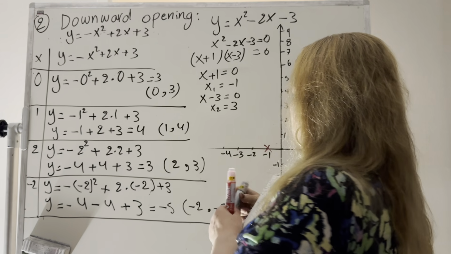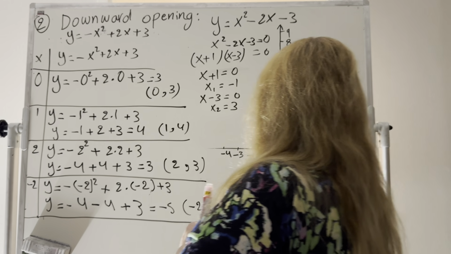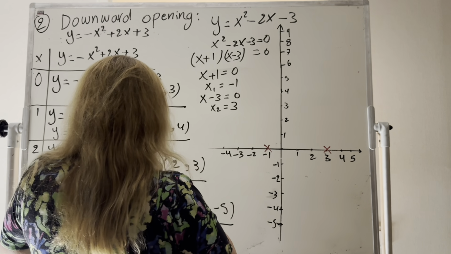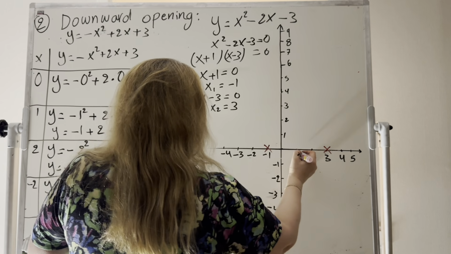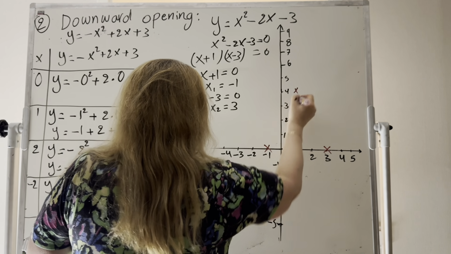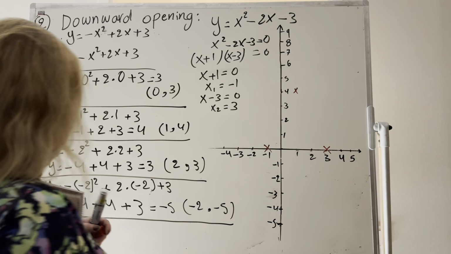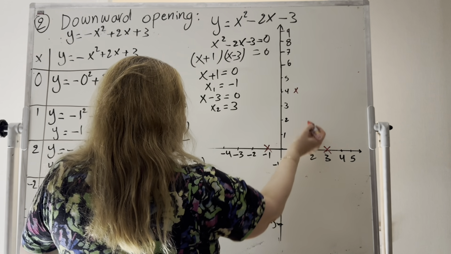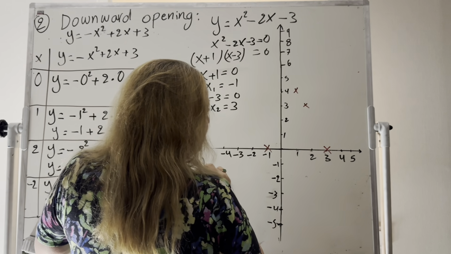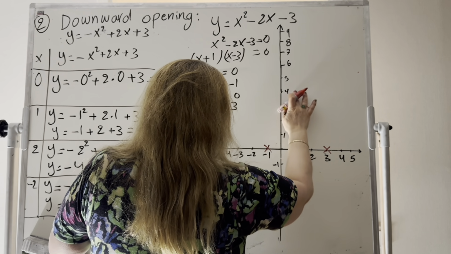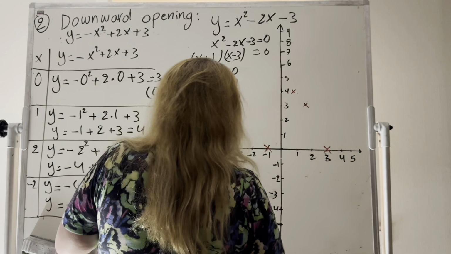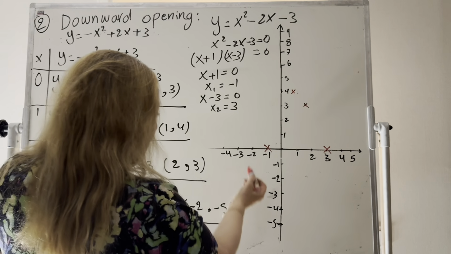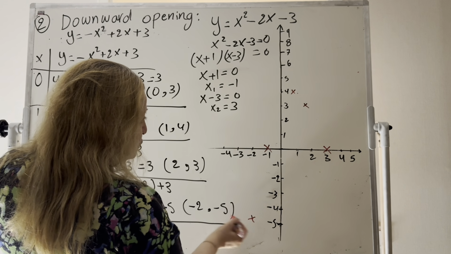When x equals 0, y equals 3, this one, and when x equals 1, y equals 4, it will be here. When x equals 2, y equals 3, it will be here. And when x equals minus 2, y equals minus 5, and it will be here.